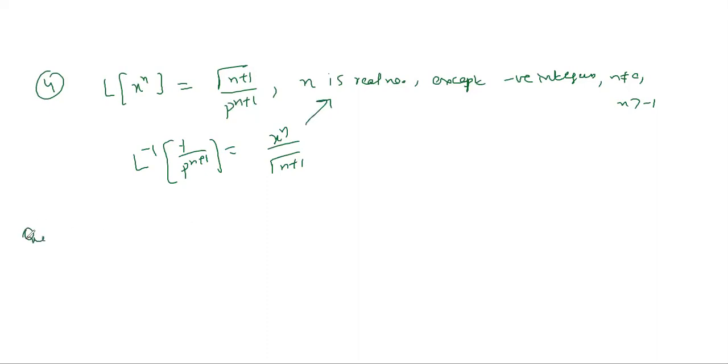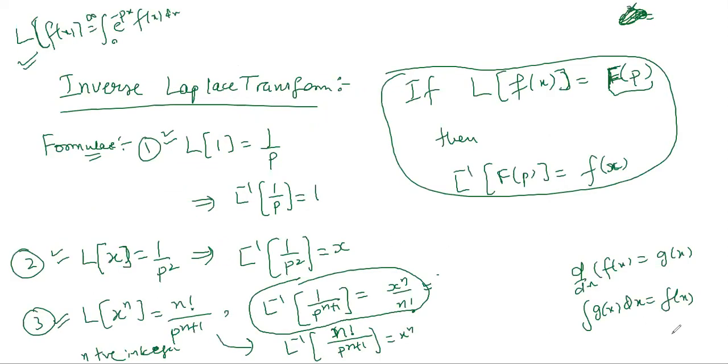Like a very quick question, say find L inverse of 2p plus 5 over p square plus 25, right? Now when you are finding Laplace inverses, you will be given a function of p, capital F, and you are supposed to find small f this time, because the question is now reverse.